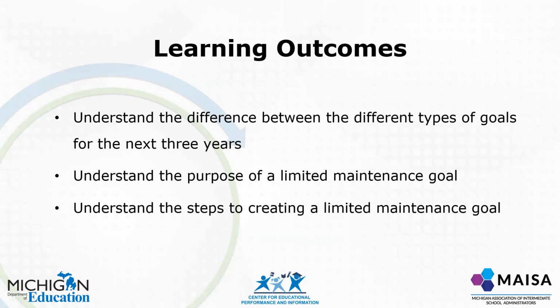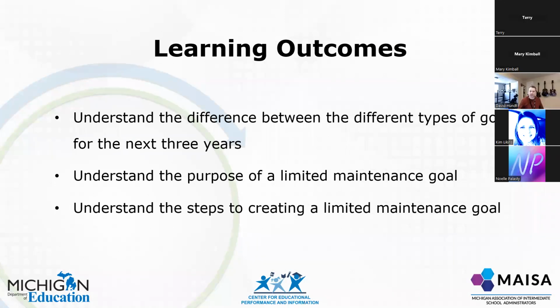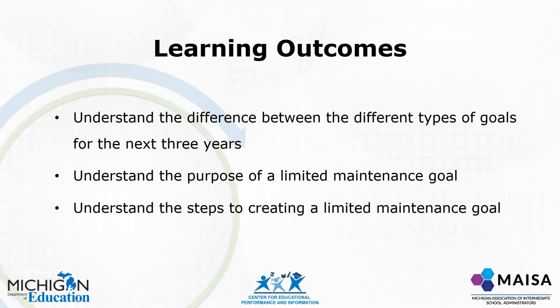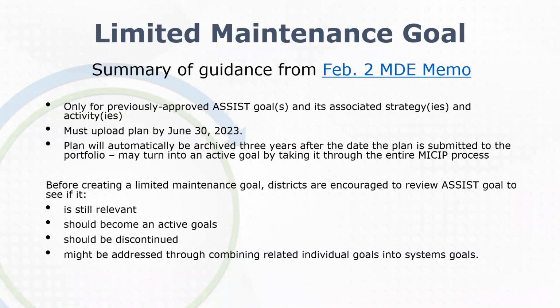The purpose of the limited maintenance goal, which I've briefly described, and then also the steps to creating this. So this is a very hands-on, practical presentation today, and actually how to do that. And I am going to go into MICIP and show you how to do that.